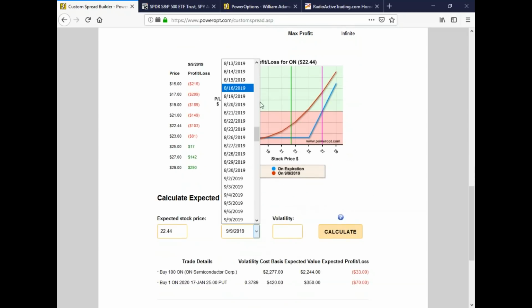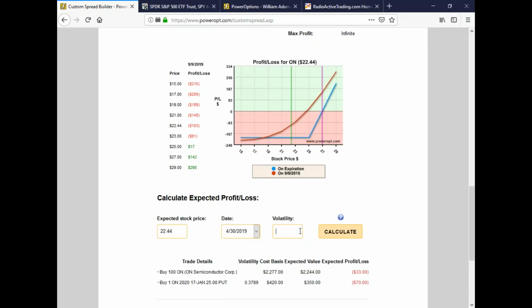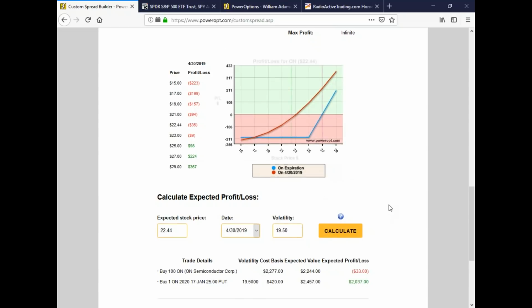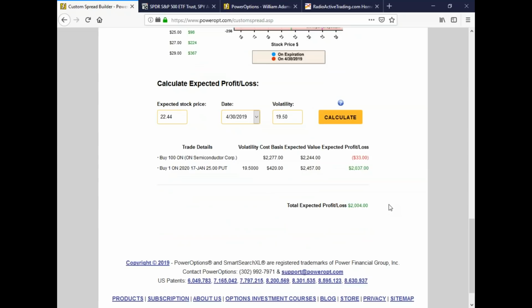All right, so what I want to do here, I want to go to April 30th, and $3 down, so let's say it's at 19.50. Okay, it drops 3 points. What would my loss be on the married put position? That does not look great. Oh, never mind. Wrong numbers. Let's drop it down to 19.50 properly on the stock price.